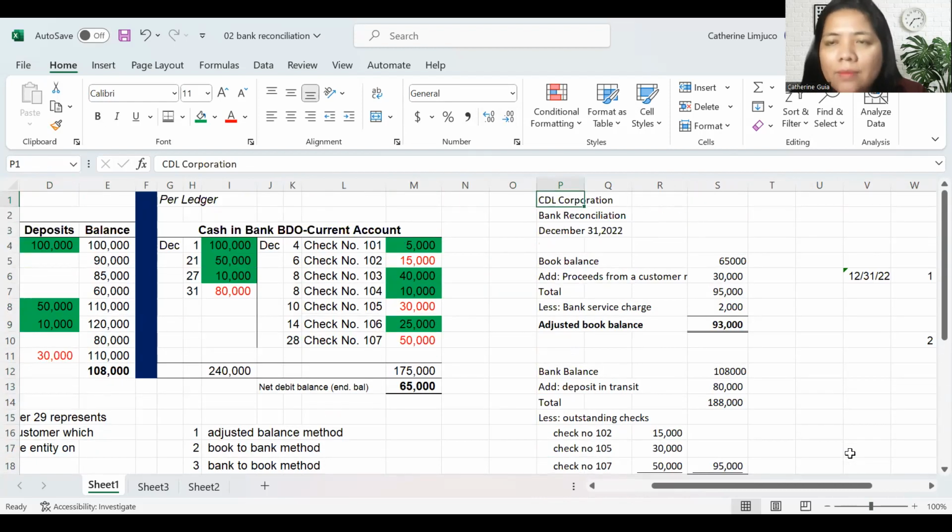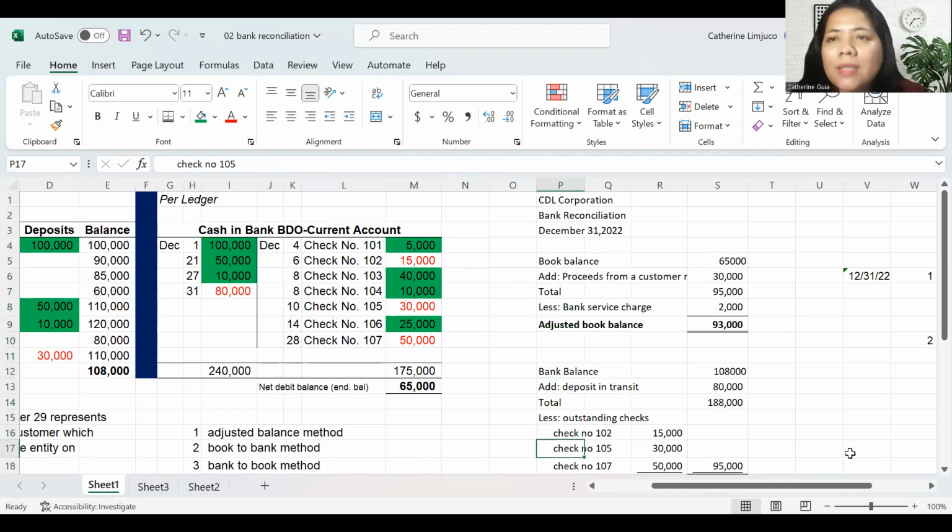And what are the reconciling items in our book balance? We have the items appearing in our bank statement which did not appear in our books: the proceeds and bank service charges.